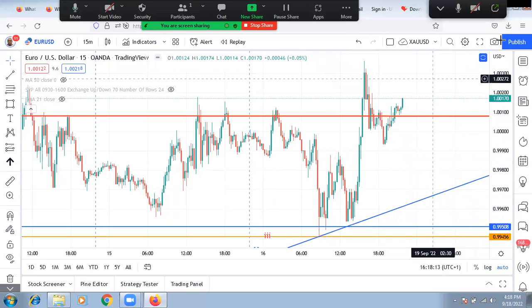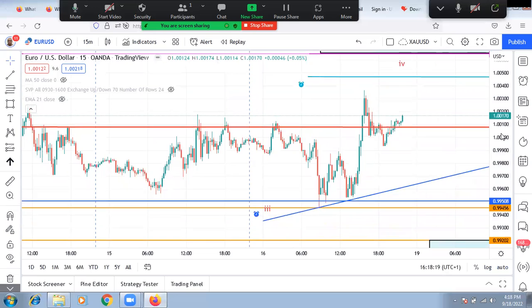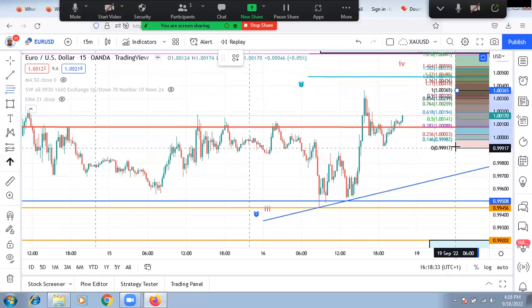Now, for us to pick a wave 5, we know there has to be a 123 to 161.8 to get a wave 5. To finish this wave, I didn't label it here. From the tip of 3 to where 4 is, it is at this level.